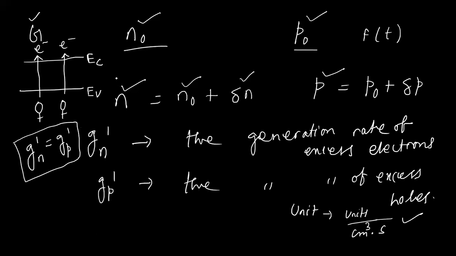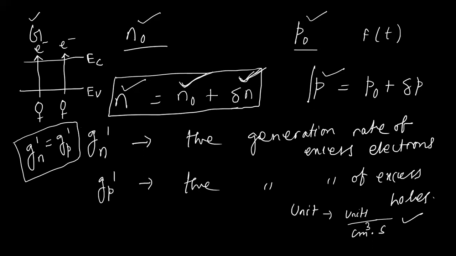The second thing we said is that the non-equilibrium carrier concentration is given by the thermal equilibrium carrier concentration plus delta n, the excess carrier generated because of the external excitation. The same applies for the holes. N0 and P0 are the thermal equilibrium concentrations, and delta N and delta P are the excess electron and hole concentrations.